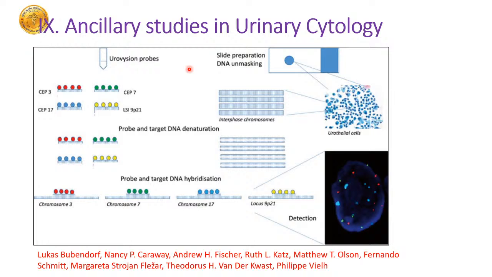So are there some ancillary studies in urinary cytology? Yes, I'm sure all of us know it by now. We are not doing this currently in our department, but everybody knows about UroVysion. It's a multi-probe test: CEP3, CEP7 and CEP17, which we all know are centromeric enumeration probes for the alpha satellite regions, and there is a locus identifier.